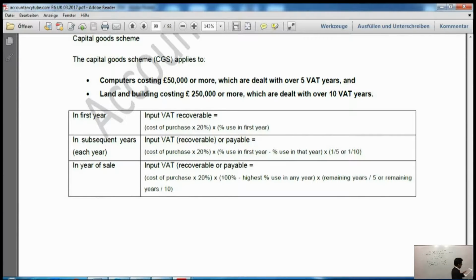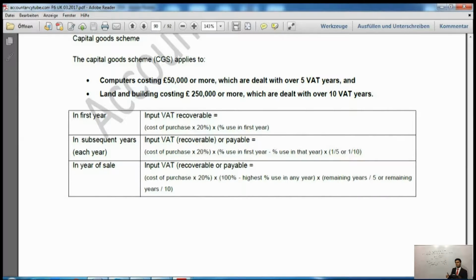Alright? Now if you sell that same asset, in the year of sale, how can you calculate input VAT recoverable or payable? We take the cost of purchase multiplied by 20%, multiplied by 100%. Because it is the year of sale, we take 100% less the highest percentage of use in any year.